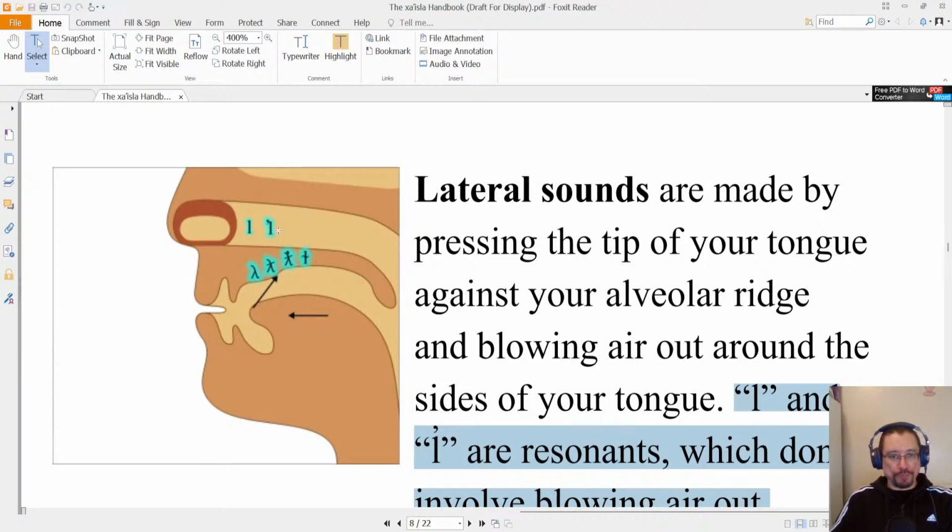These symbols look a little unusual. This symbol here is the same as that one. It's supposed to have an apostrophe on top of it, but it's stuck to the very top instead of being above it, so I'll have to fix that when I edit this document. The same thing is happening here with this apostrophe.